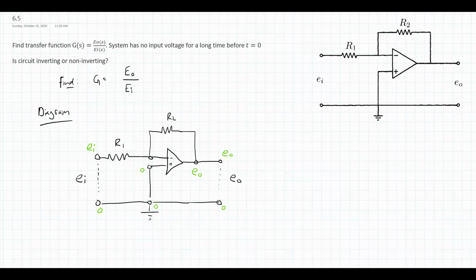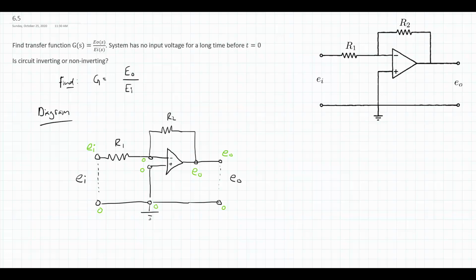But because I have this ideal op amp, we know that the voltage going into the op amp must be the same. So I know that going into that positive terminal is 0 because it's attached to the ground. So if this is an ideal op amp, then this top node here going into the negative terminal has to be 0 as well.